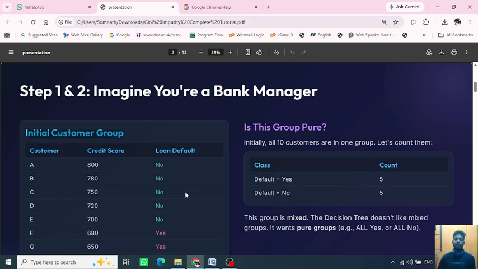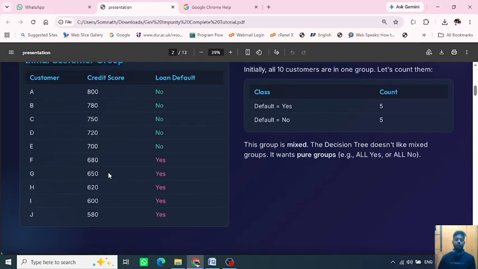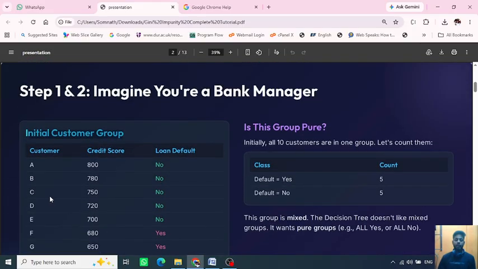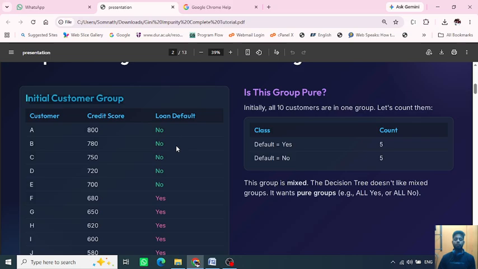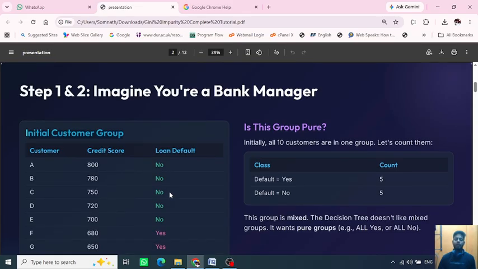So the first thing you have to know is the pure and impure groups. Here you can see this data set. The initial data set is a mix of classes. Here I am only discussing the categorical classifier ML model.